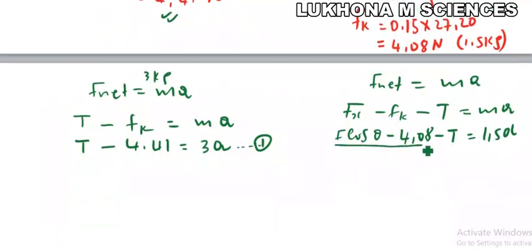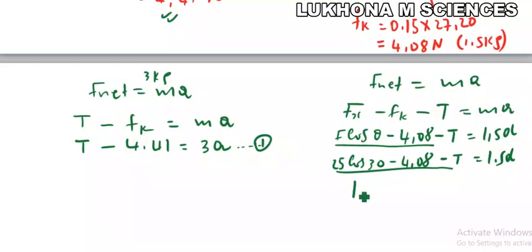Let's substitute before we press the calculator. The force is 25 at 30 degrees, minus 4,08, minus tension, which is equal to 1,5a. Then let's press the calculator.